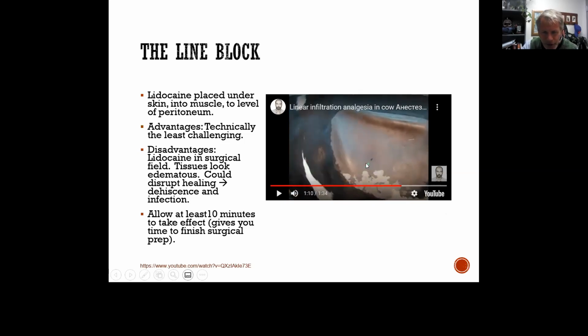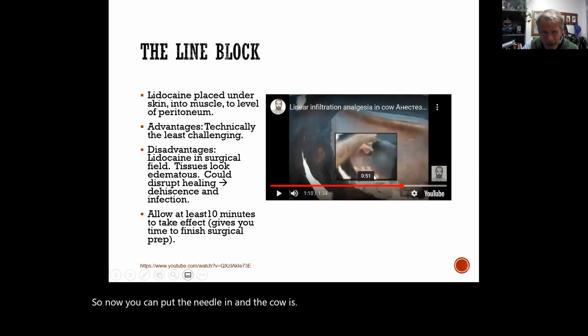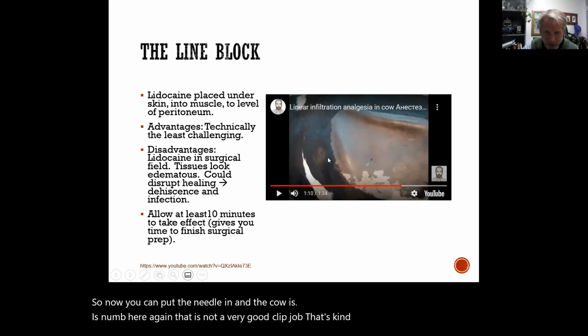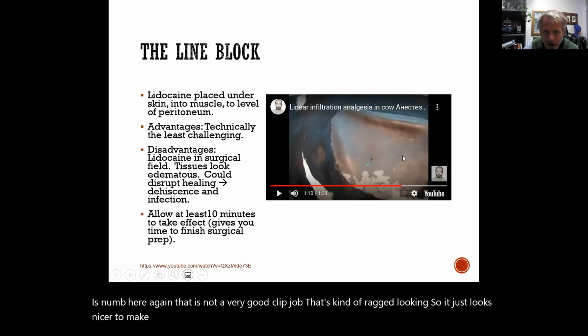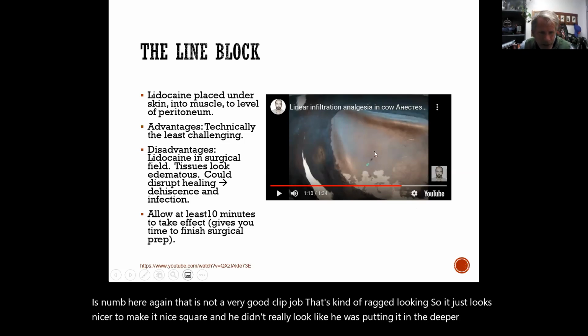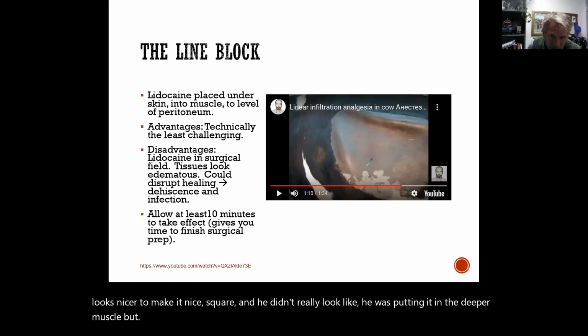So now he can put the needle in, and the cow is numb here. Again, that is not a very good clip job. That's kind of ragged looking. So it just looks nicer to make it a nice square. And he didn't really look like he was putting it in the deeper muscle, but maybe he did, and he just didn't film it.